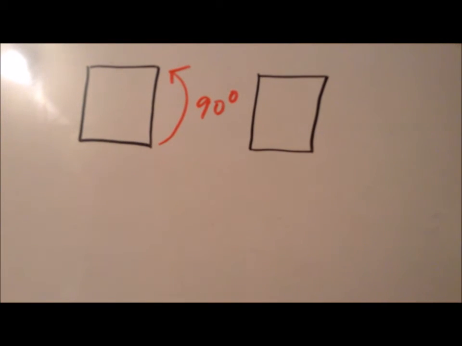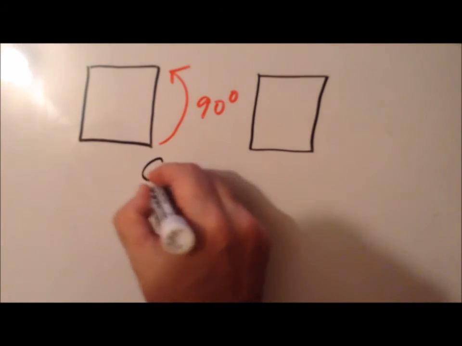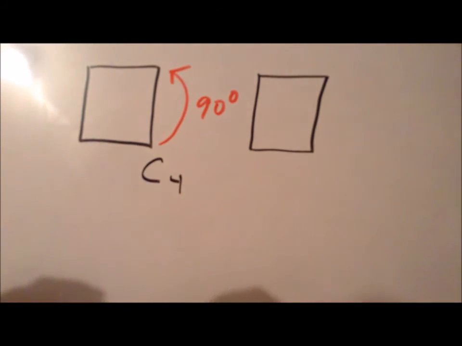And that's a good sign of a symmetry operation. So in this case, because it's a quarter of a turn, it's 90 degrees, we refer to this 90-degree rotation as a C4. So one of the ways of defining a square is a geometric object for which C4 is a symmetry operation.